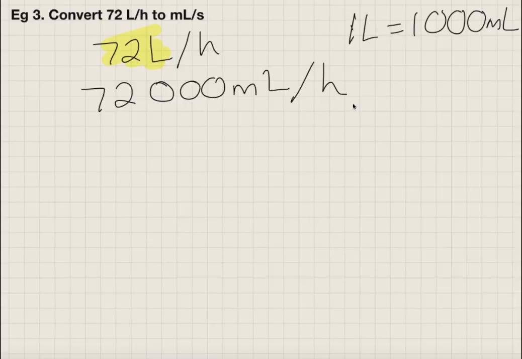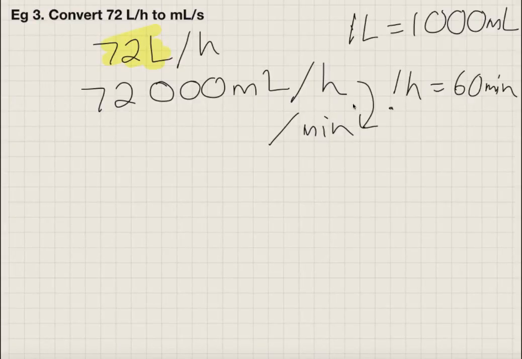Now let's work out how many that is per minute first. And of course we should all know that 1 hour is equal to 60 minutes. So that means that from here to here we will divide by 60. So using your calculator to work that out, it's actually going to be a nice one because 72 and 6 do divide evenly.